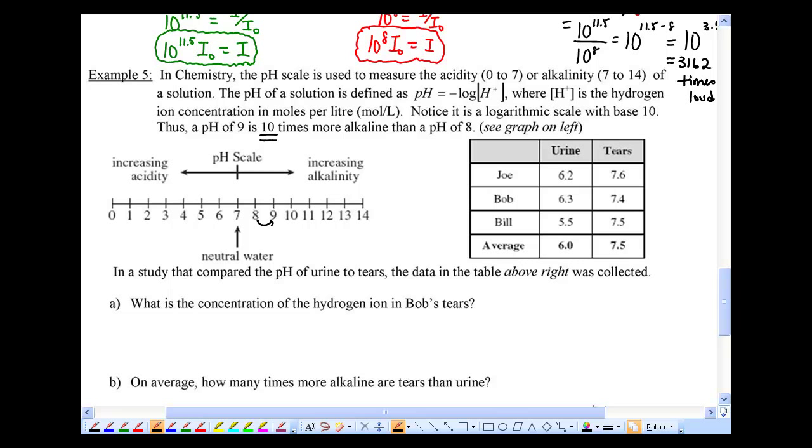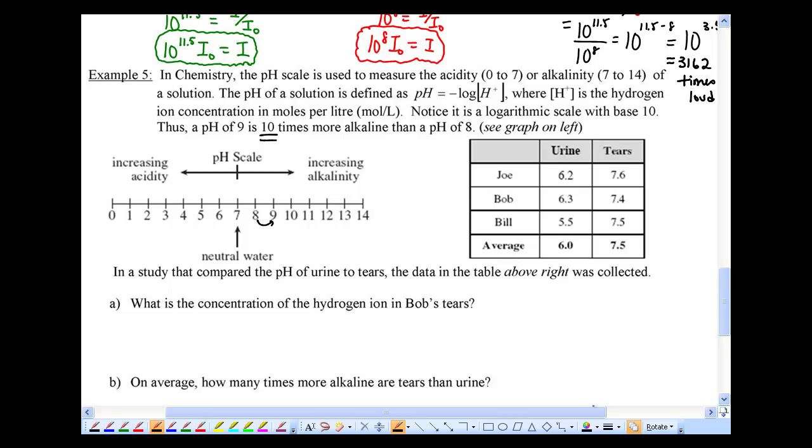So in a study that compared pHs of different things, like urine to tears, here's the data from the table. My question to you is, in part A, what is the concentration of the hydrogen ion in Bob's tears? Bob's tears have a pH of 7.4.